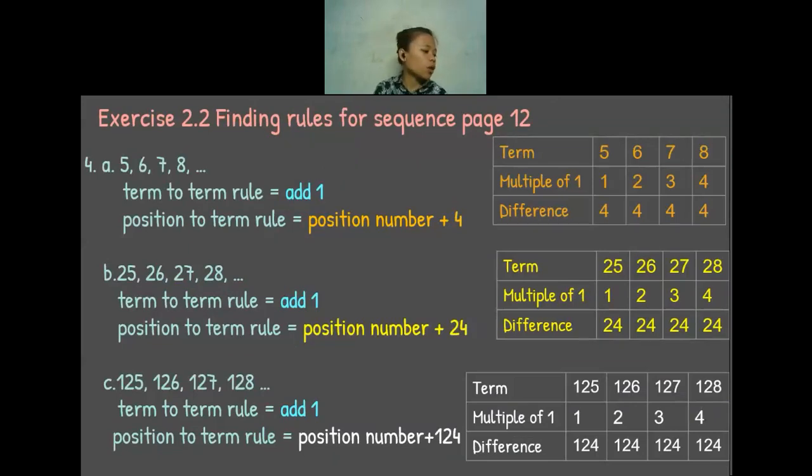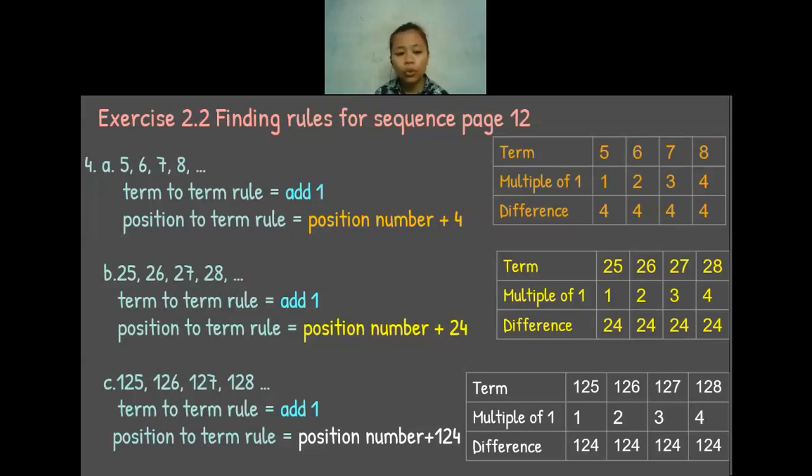For question 4, the question only asks us to work out the position-to-term rule for each sequence of numbers. We only have to find the position-to-term rule. You don't have to find the term-to-term rule. You don't have to make the table. But here in my slides, I show you the term-to-term rule and also the table.